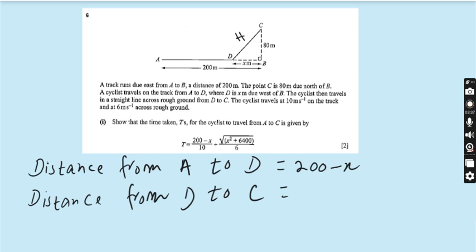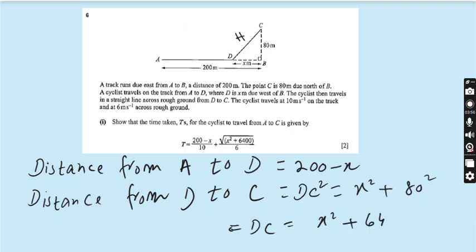Square of the hypotenuse, DC square, is equal to the sum of the squares of the other two sides. So DC square equals x square plus 80 square, which is 6400, and when you remove the square you have to put square root on the other side. So this is the distance DC.